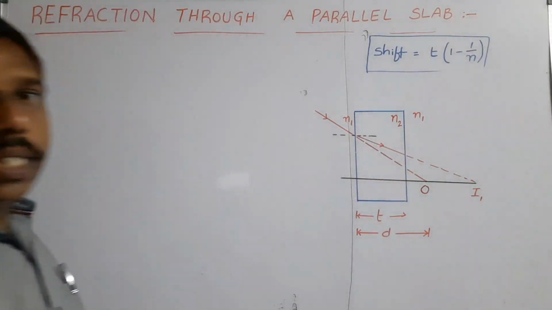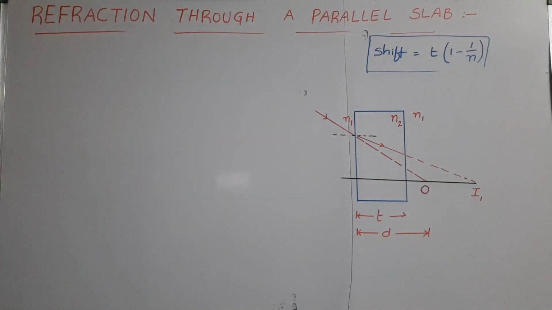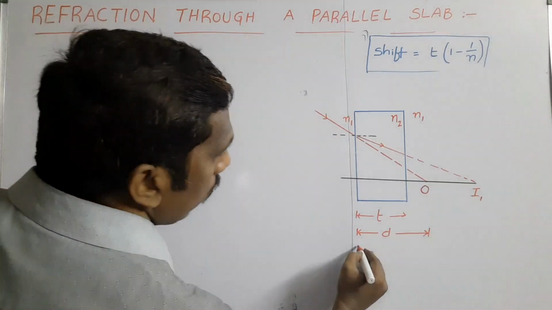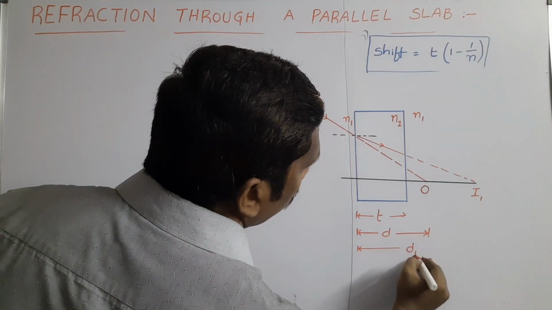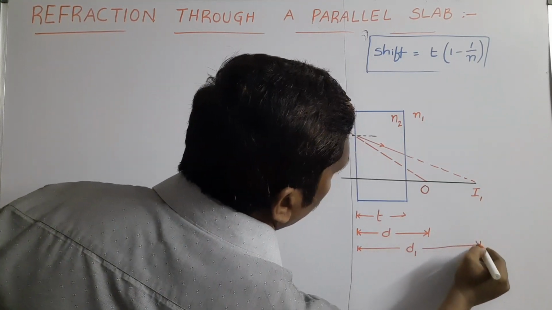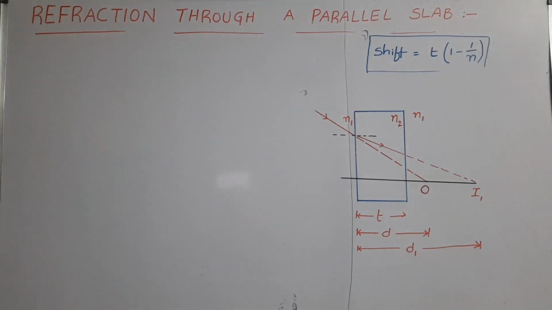What is the I1 distance? I1 distance from the first surface is taken as D1. Here, what is the image distance?